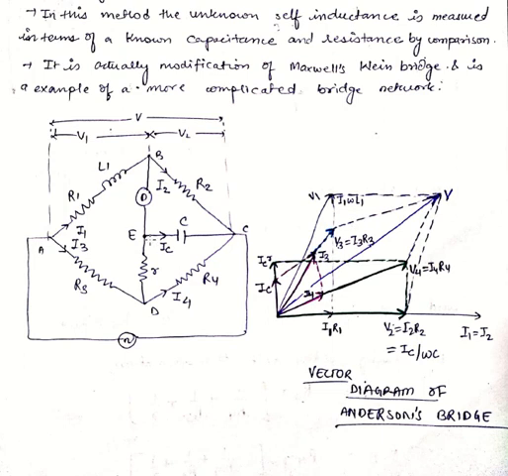This is the circuit diagram of the Anderson bridge. Here R1 and L1 are unknown quantities. R2, R3 and R4 are non-inductive resistances and known parameters.